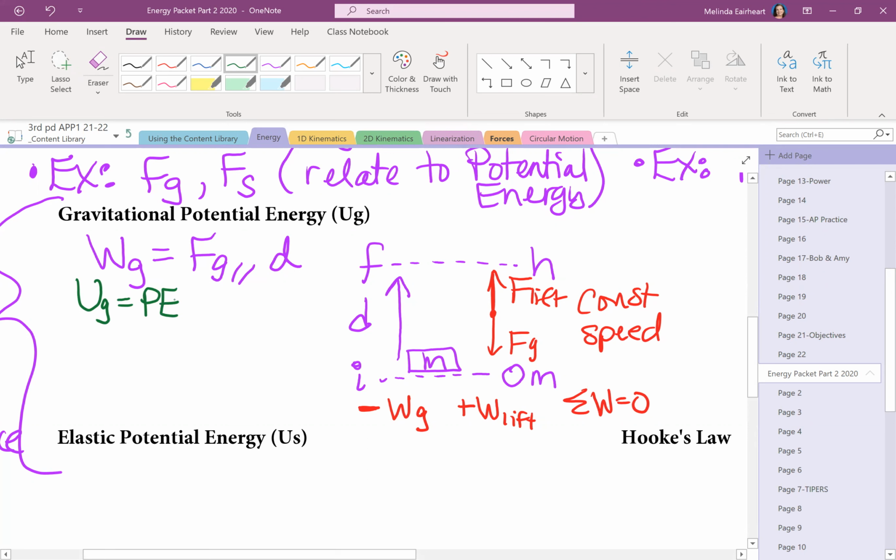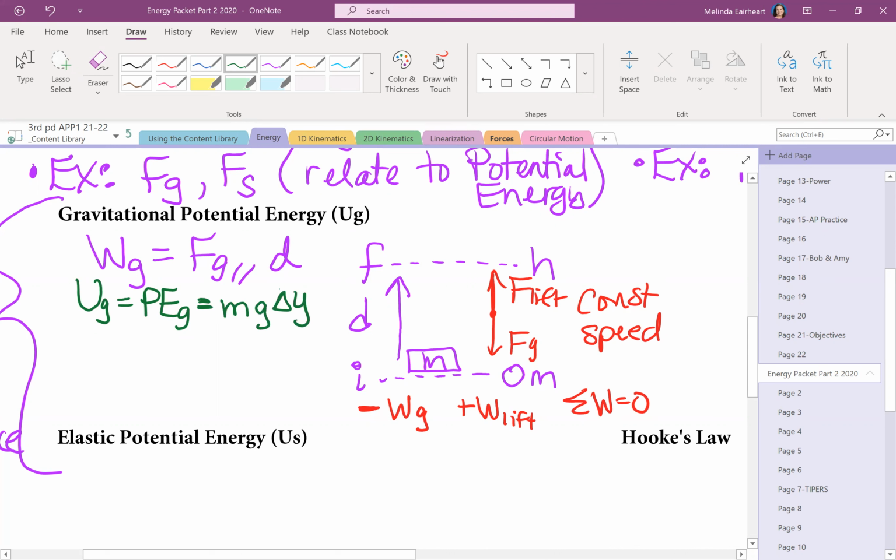So what is it? Well, mg delta y is your equation. Now I wrote it just below the work equation because guess what? It's equivalent. Notice mg is Fg. Fg equals mg.